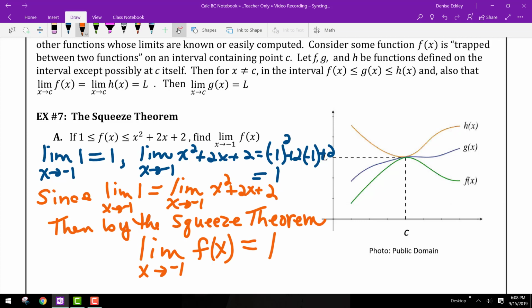So that's the idea behind the squeeze theorem. Let's do one more of those examples.